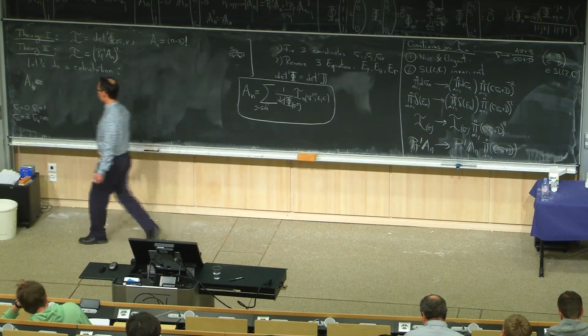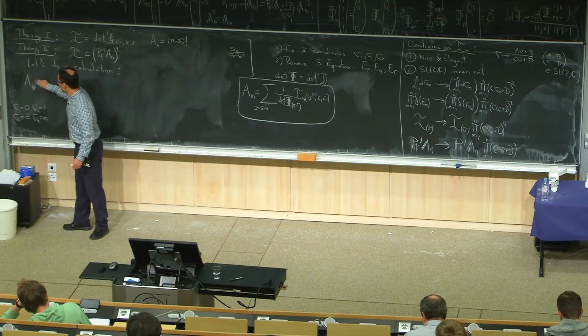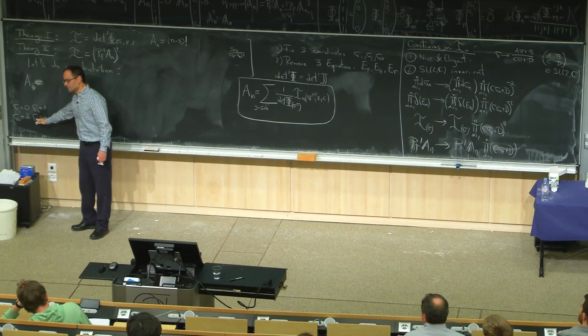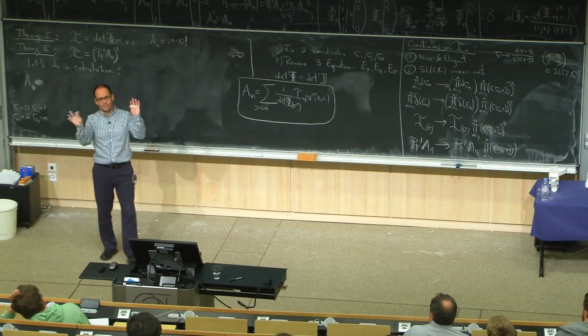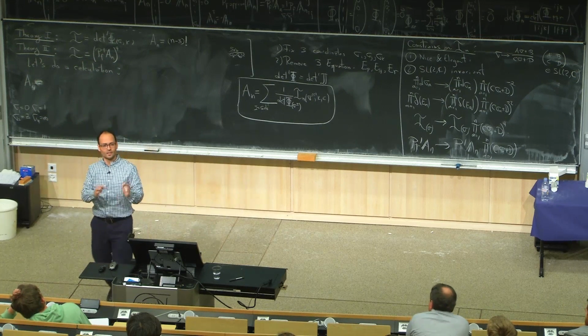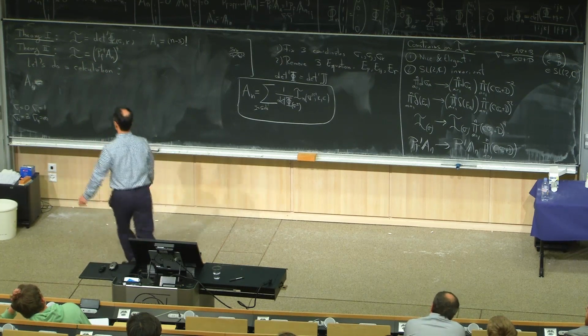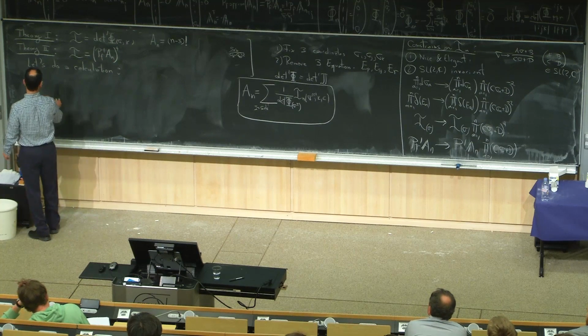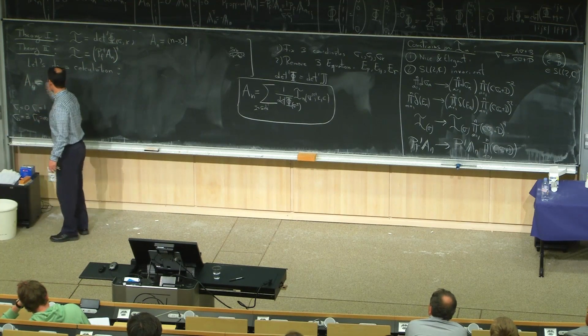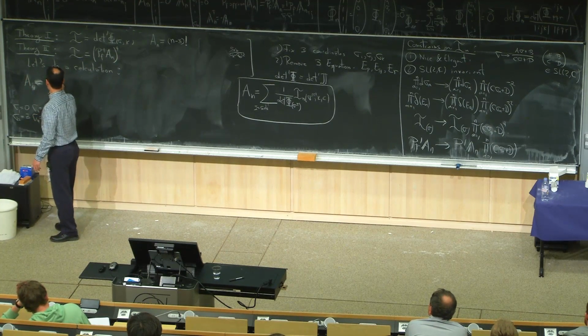For the time being, I'm going to pretend that we haven't fixed sigma 4 to infinity. It's going to be just any value, and I'm going to set it to infinity at the end. So what am I supposed to do? Well, I'm supposed to integrate over Z. That's my only variable left.